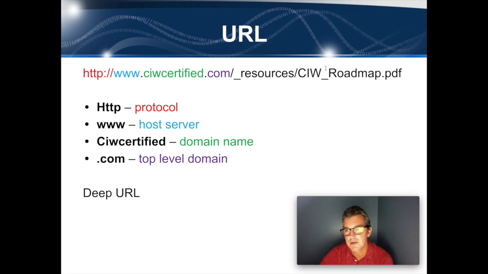This whole piece right here is the deep URL, because you can see that it's actually accessing, using hypertext transfer protocol, a PDF document or some sort of document that's nested inside the URL there.